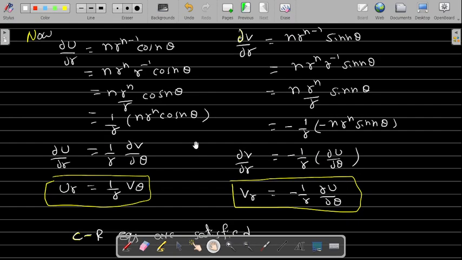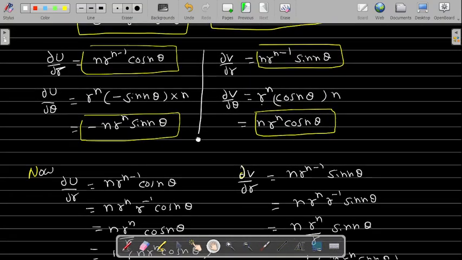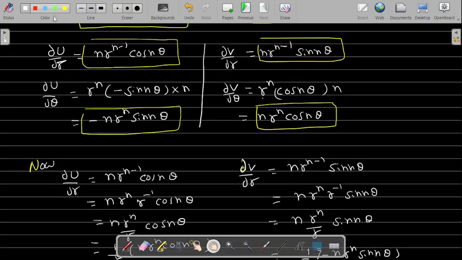After that, we check whether the partial derivatives are continuous or not. These are our partial derivatives. Take any n value and any r value, theta value, you will get a finite value only. Why? Because cos and sin ranges are always between minus 1 and 1.